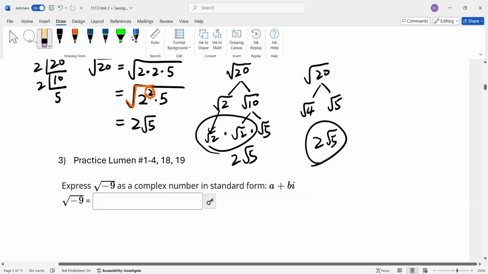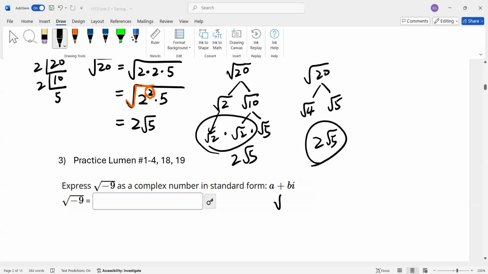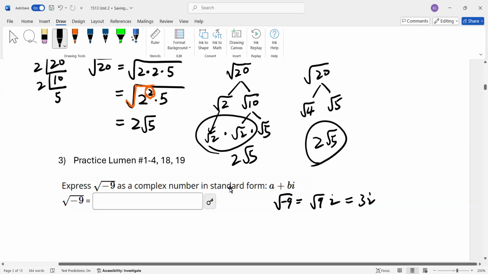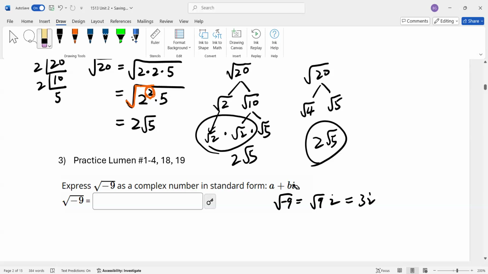When you see square root of a negative number, remember right away, use the formula: root -9 is root 9 times i. Well, you have to simplify. What is root 9? That's easy, right? Root 9 is 3. So 3i, done. Is that easy? Is that doable, guys? Yes. Okay, awesome. So that's the first question.